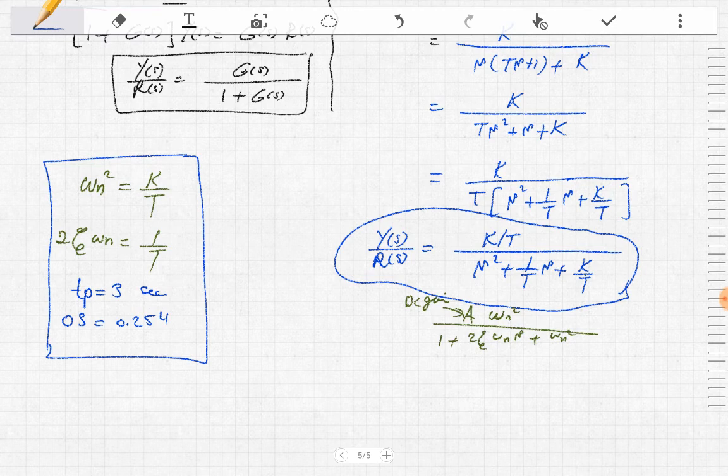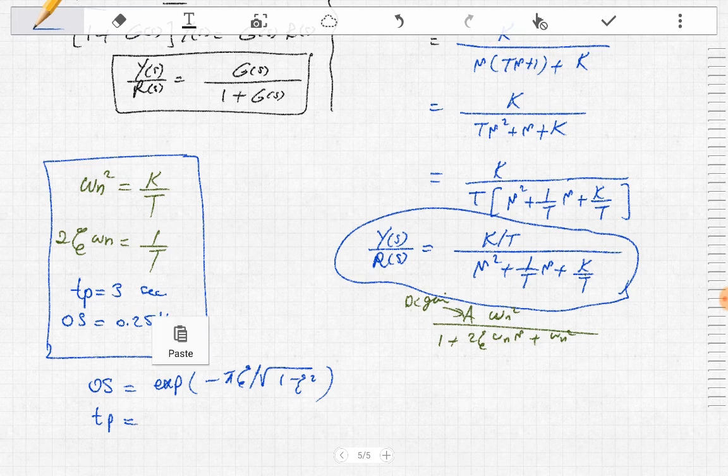To do that, you have to know the expression of TP and OS as functions of eta and omega n. We know that overshoot is equal to exponential of minus pi eta over square root of 1 minus eta squared. And TP is equal to pi over omega d, and omega d is equal to omega n times square root of 1 minus eta squared.